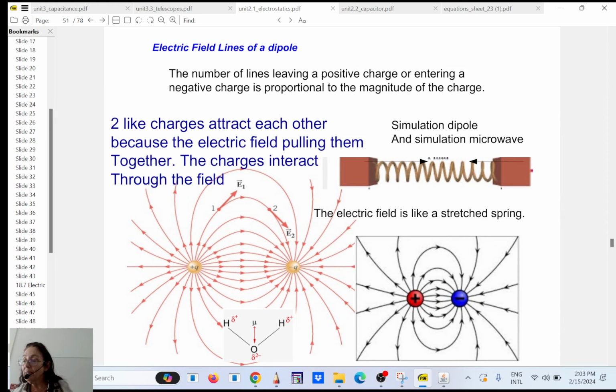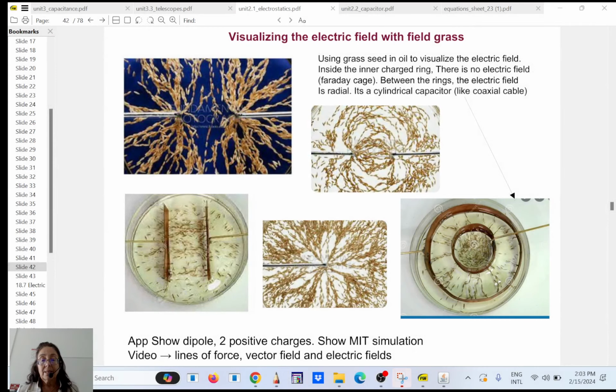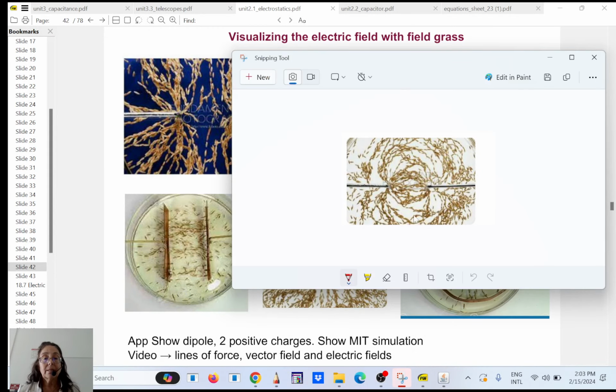You can have those in some kind of oil, castor oil, and inside you have non-conducting material like seeds, or rice, very tiny. That way you can visualize the electric field. So this will be called a dipole. For example, if you have Q here and minus Q, the electric field goes from plus to minus. So that will be the electric field of a dipole.